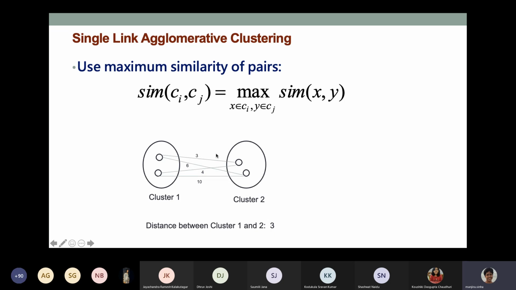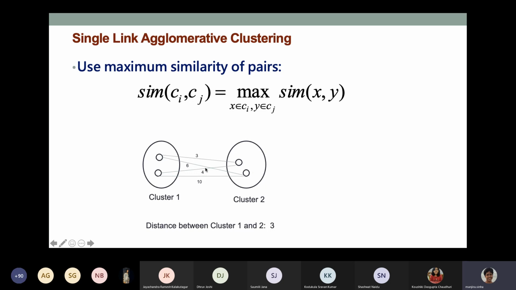Now say after doing a round of clustering, my cluster 1 contains these two nodes, say A and B, and my cluster 2 contains these two nodes, C and D. Then what is my similarity between these two clusters? And similarity means the measure of distance, right? The lower the distance, the more similar two instances will be, just like we have seen in our previous algorithms. So how do we measure the distance?